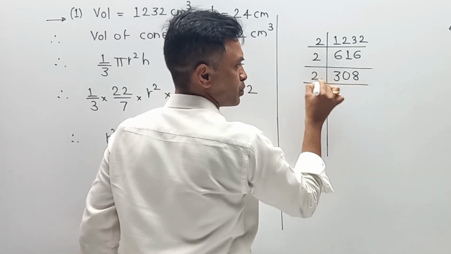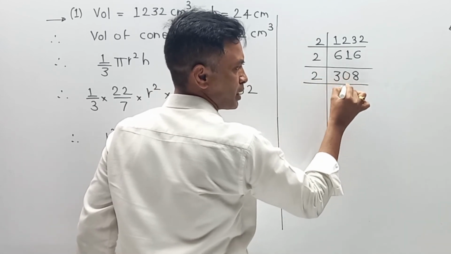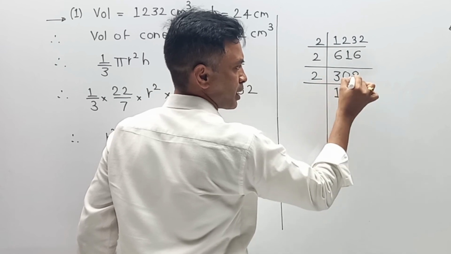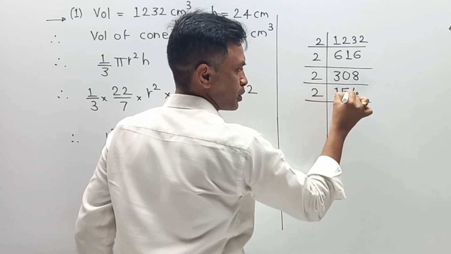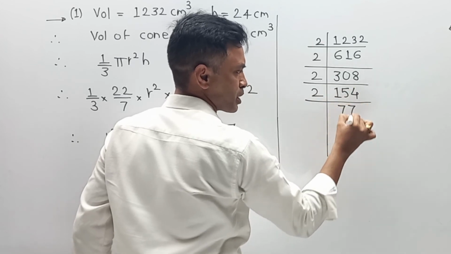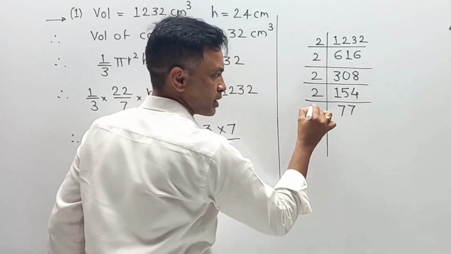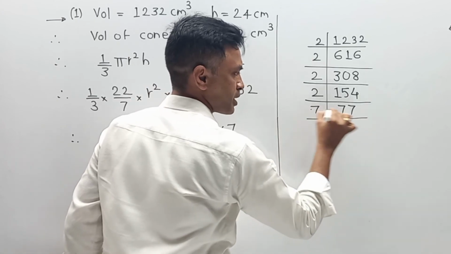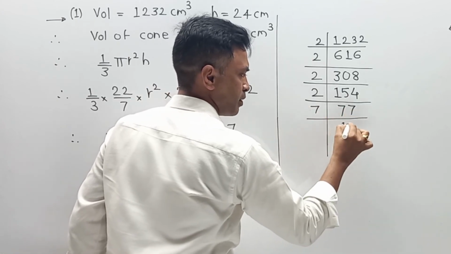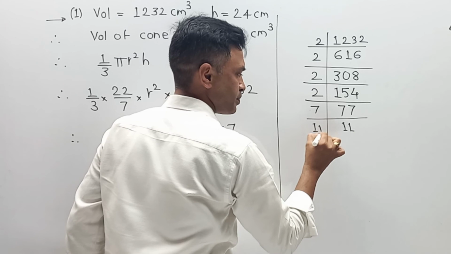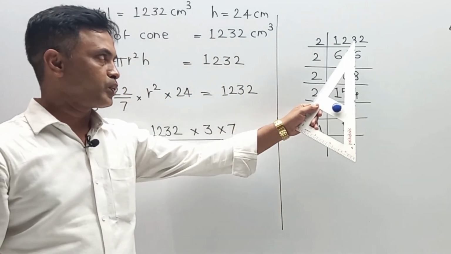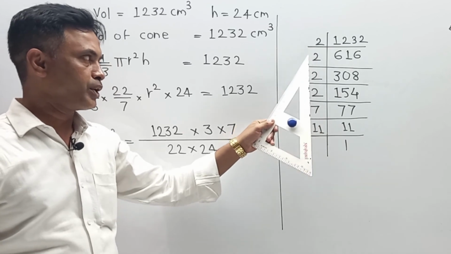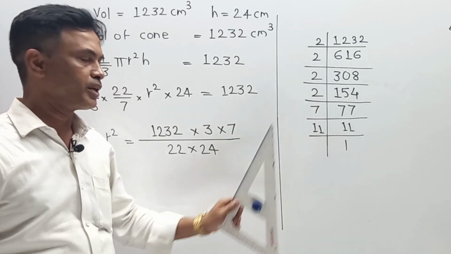Again dividing by 2, 2 1s are 2, carry 1, 10, 2 5s are 10 and 2 4s are 8. Dividing by 2, 2 7s are 14, carry 1, 2 7s are 14. Now 77, divided by 7, 7 11s are 77 and 11 1s are 11. This means the number 1232 is split into 2 into 2 into 2 into 2 into 7 into 11.